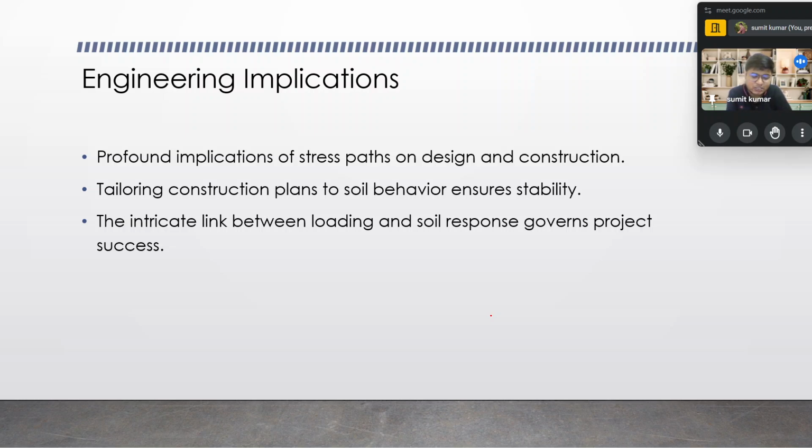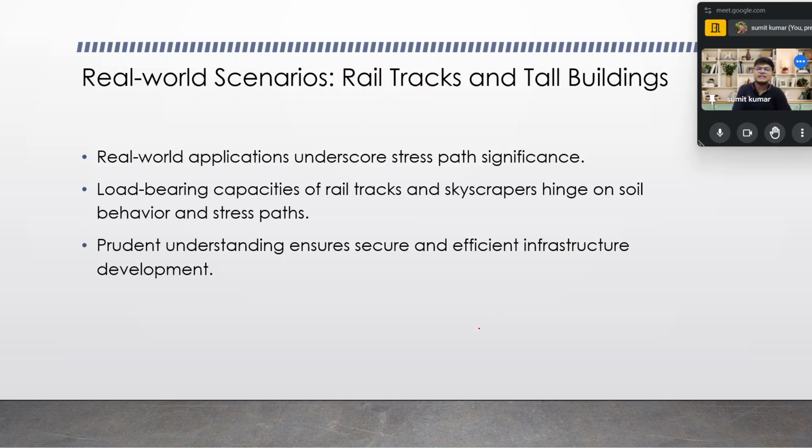Basically, the success of the project depends on those factors only. And in the real world scenario, as we talk about the rail track and the tall building, the real world applications underscore the stress path significance, and the load bearing capacity of the rail tracks and the skyscraper hinges on the soil behavior and the stress path.